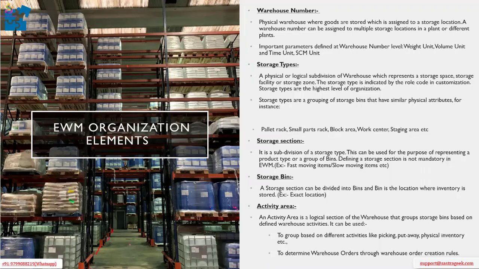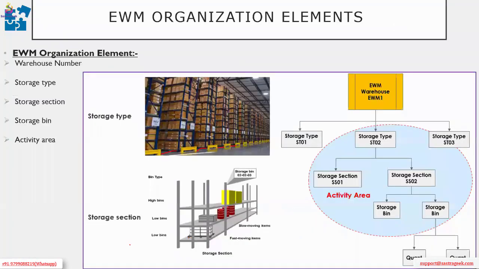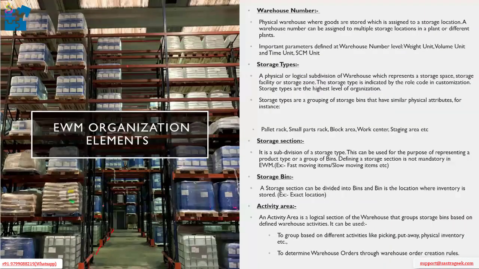That's how you can represent it. Now what is a stack? Because ASL means aisle, stack, and level. Stack is the complete stack of this particular one, so stack one or stack two, something like that. Level means level 1, level 2, level 3, level 4, level 5. So how much height you would like to define the bins.